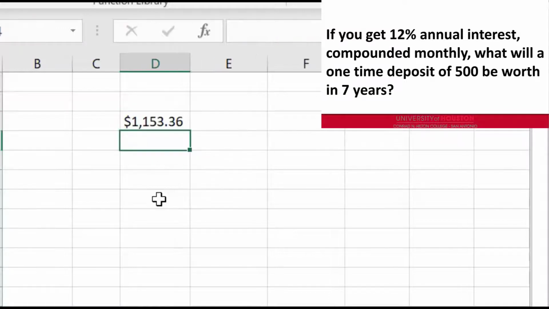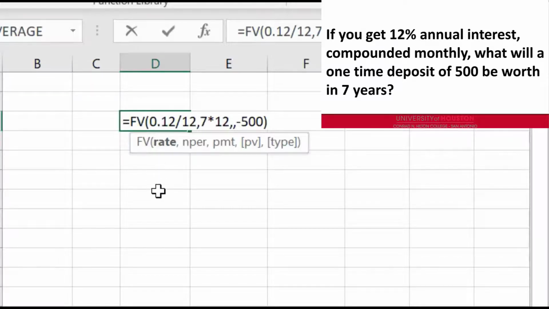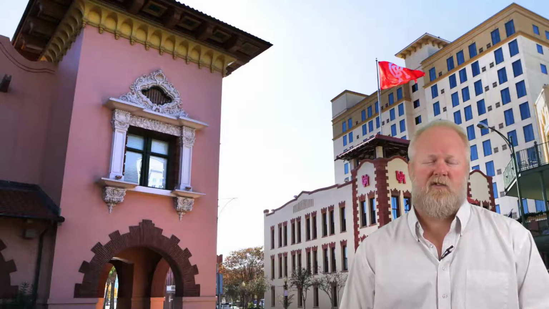If I hit enter, I get that $500 will grow to $1,153.36 in 7 years if we have 12% interest and it's compounded monthly. So as you can see, we can adjust both the interest and the number of periods within that Excel formula.